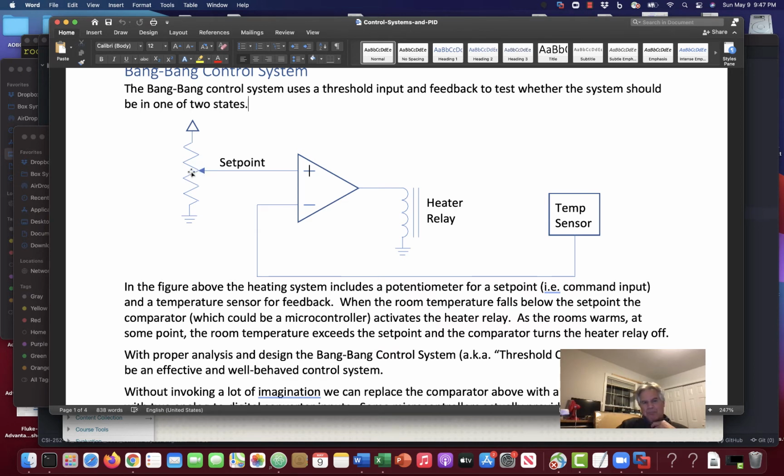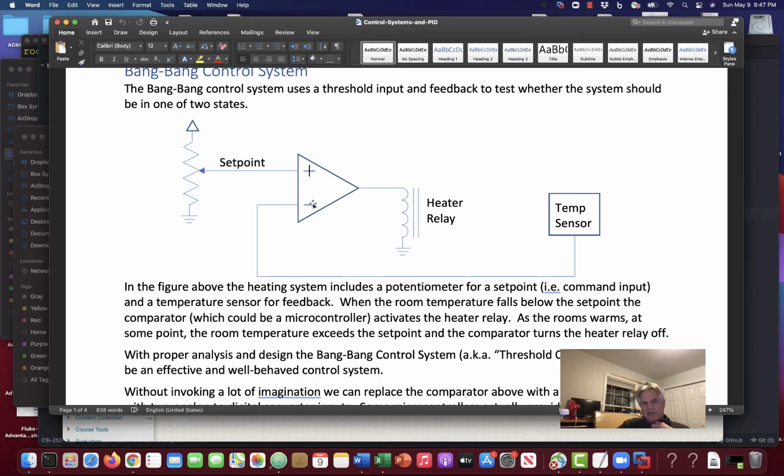So a person can have the set point come into an analog to digital converter on a microcontroller, and the microcontroller can look at say a temperature sensor or some sensor which comes in on another analog to digital converter input, and mathematically compare the two.